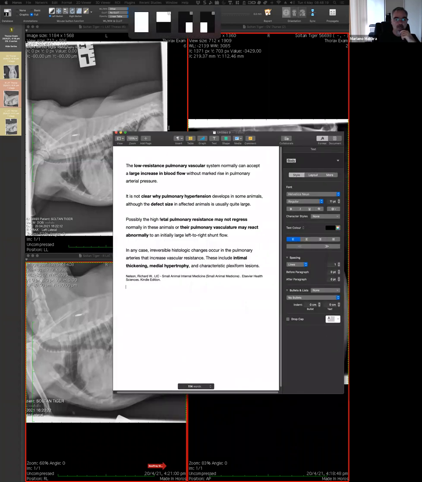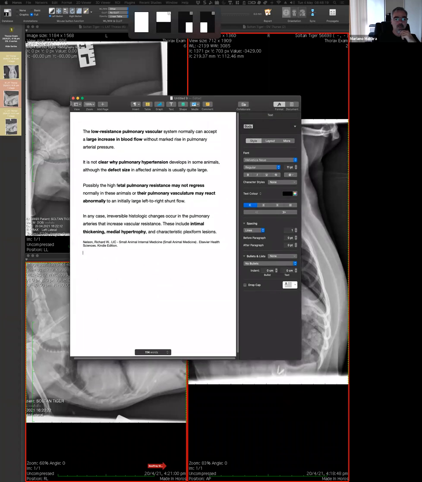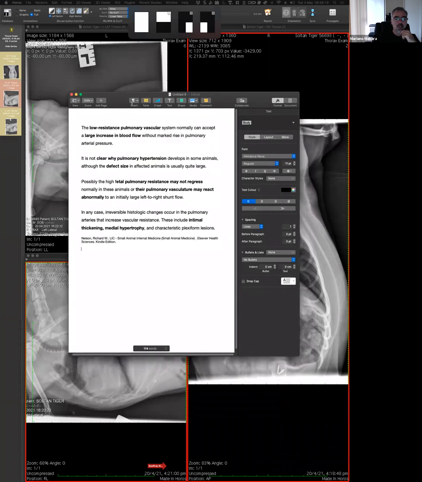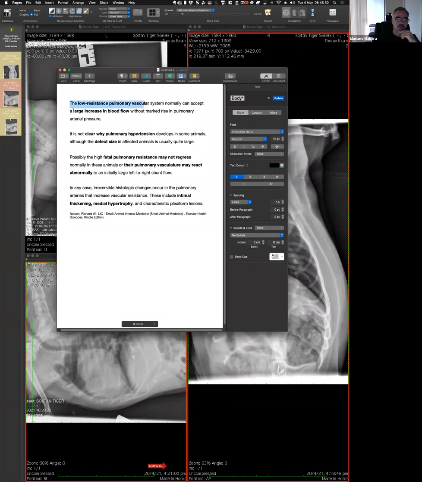Cool. And then I copied this from the book. So usually in most of the dogs, the low resistance pulmonary vasculature can deal with all the increase in blood flow. So most of the dogs, I think, are going to end up failing on the left. And it's not very clear why some dogs develop hypertension.